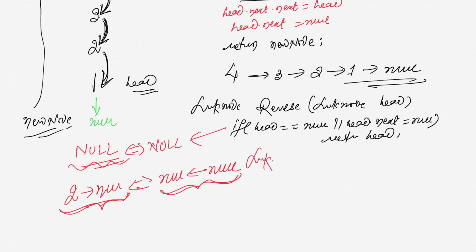Next, what we are going to do: ListNode reverseNode, call recursively reverse of head dot next.